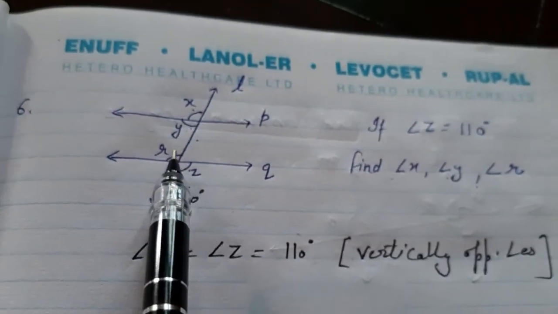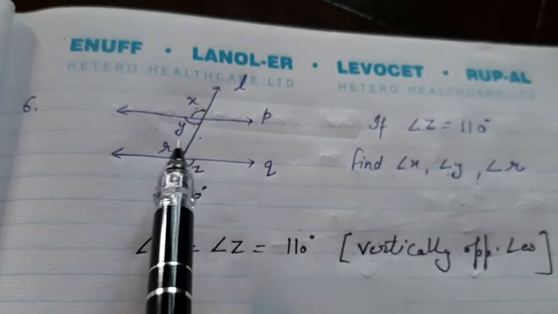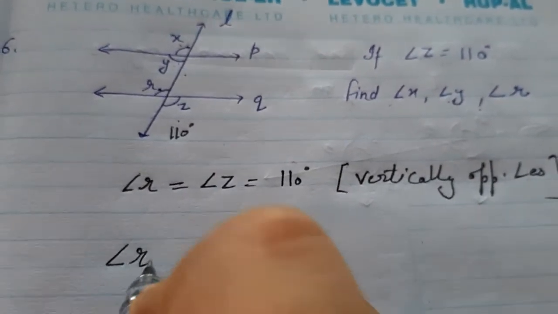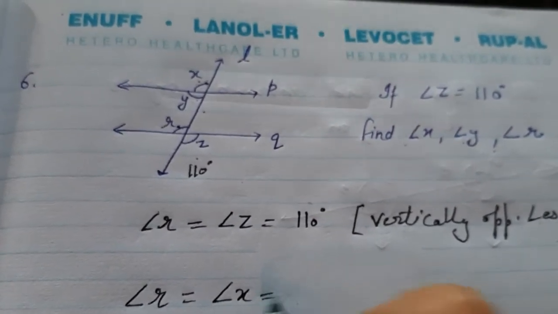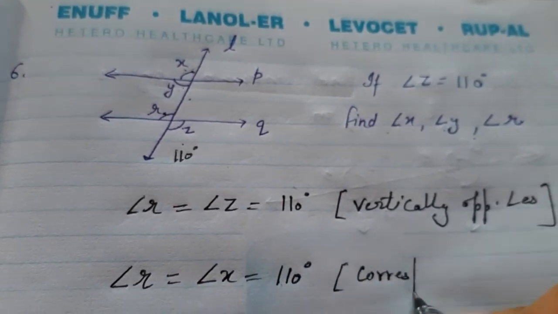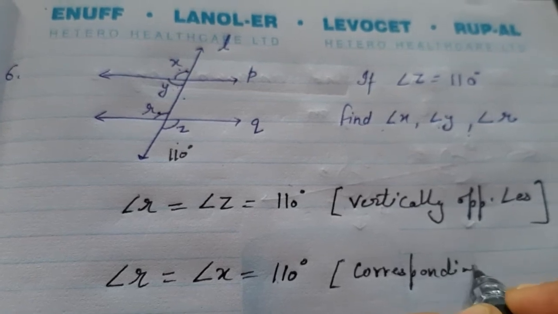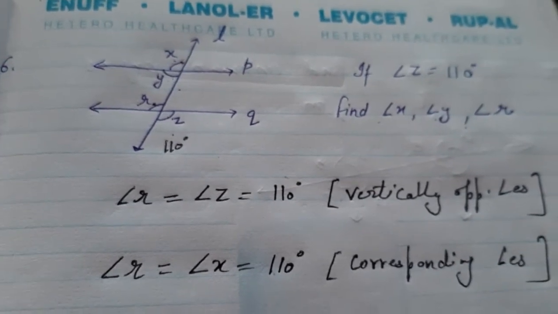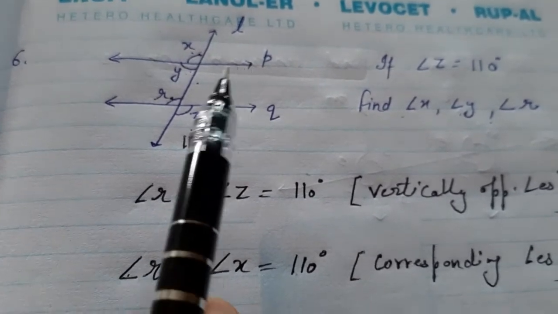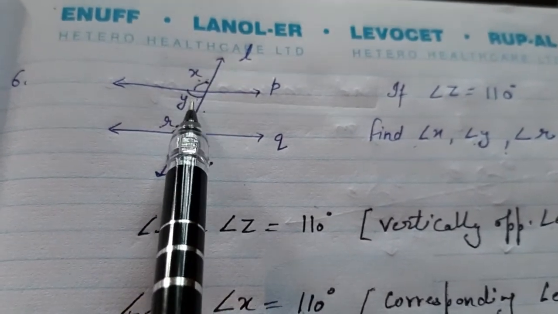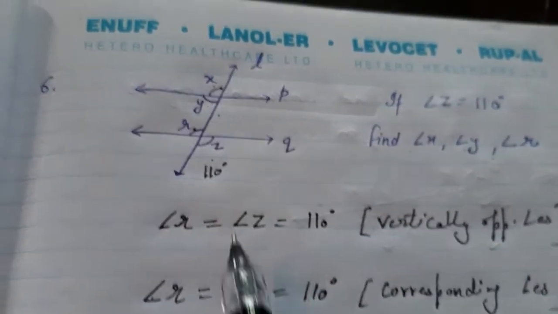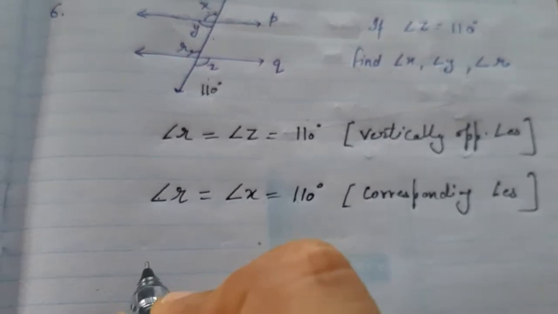Now we know R. R and X are corresponding angles. So we can write angle R is equal to angle X, which is equal to 110 degrees, because of corresponding angles, since the two lines are parallel. So we find angle X. Now we can find Y, because on a straight line it is making a linear pair.